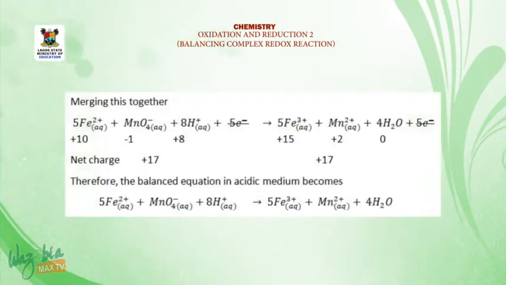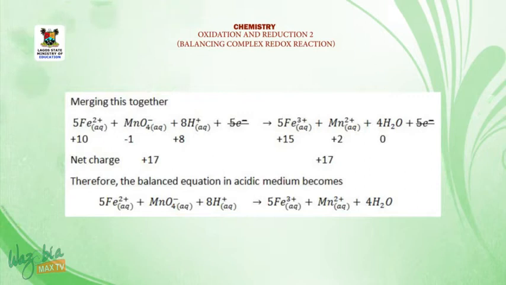Merging this together, we have 5Fe2+ + MnO4- + 8 hydrogen ions to give 5Fe3+ + Mn2+ + 4 moles of water + 5 electrons. Since the 5 electrons are on both the reactant and product side, they cancel out.